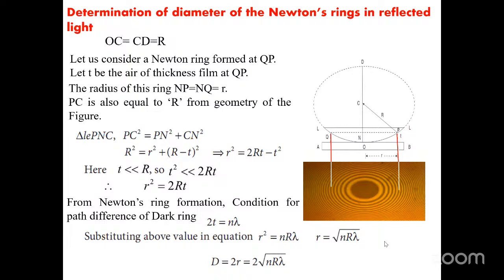Half of the diameter is the radius, so d by 2 equals r, or d equals 2r. Getting my point? So d is proportional to square root of n, for the nth ring, where d is the diameter.